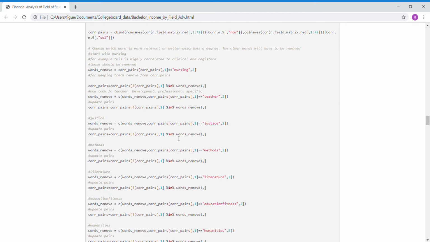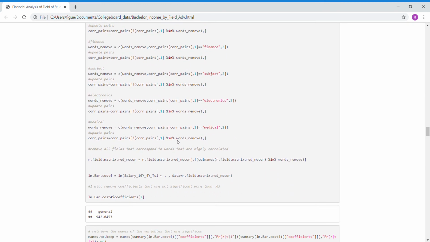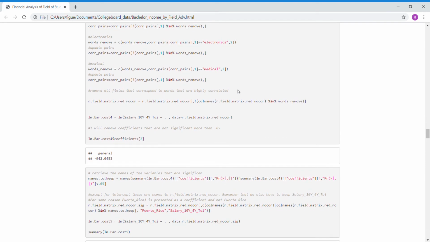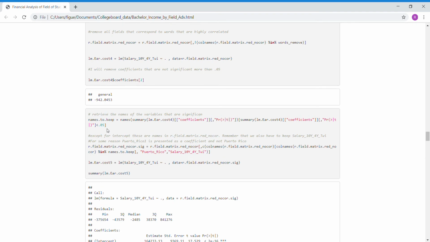So you're going to notice this in this particular chunk of code. And I decided to do it by hand because that's one way to make sure that you keep what is really important, or it makes it easier to read. And I also removed anything that is not statistically significant with this code.